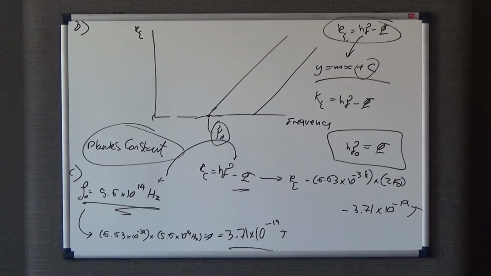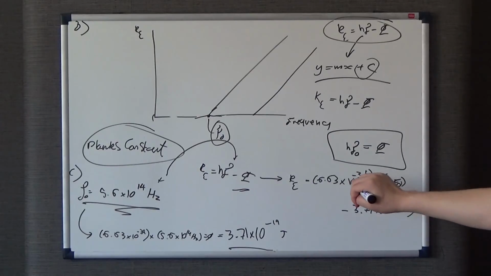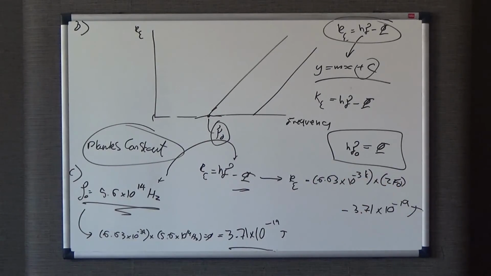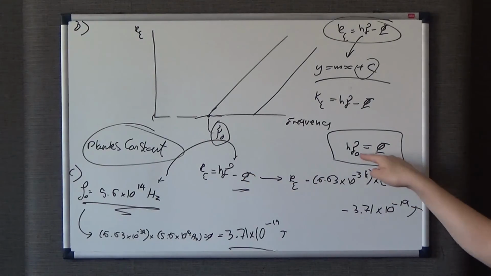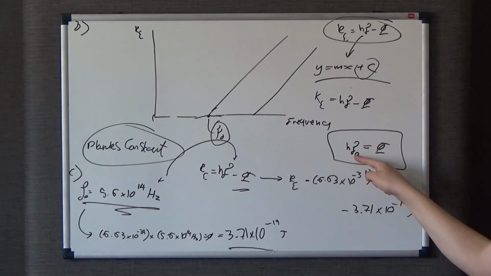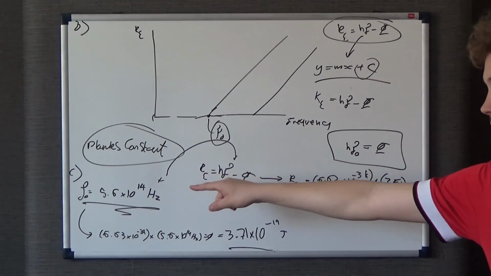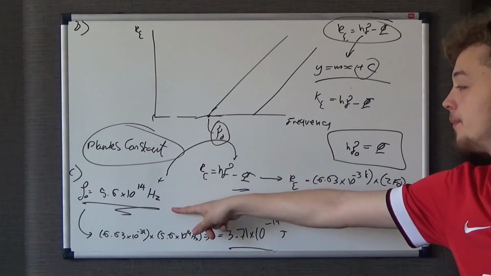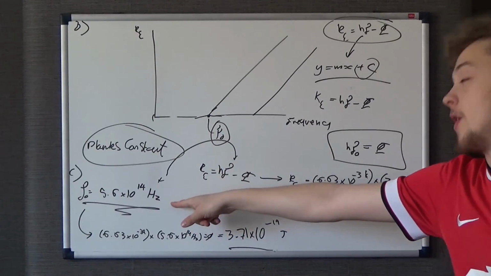I mean, you could theoretically say that the frequency we're using here is double the threshold frequency, and we know the work function is equal to h times the threshold frequency, and this is h times 2 times the threshold frequency.